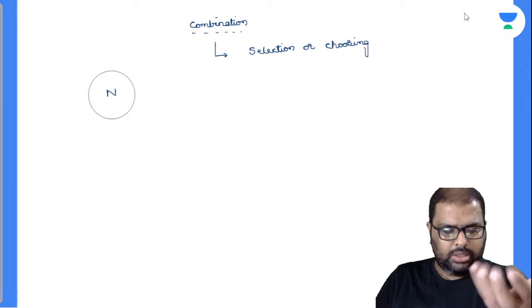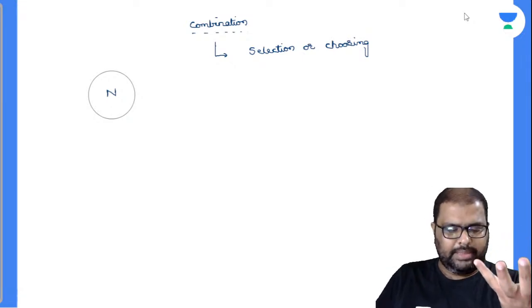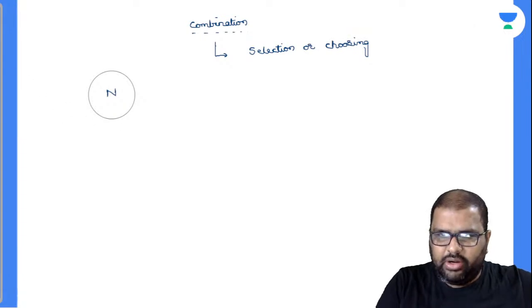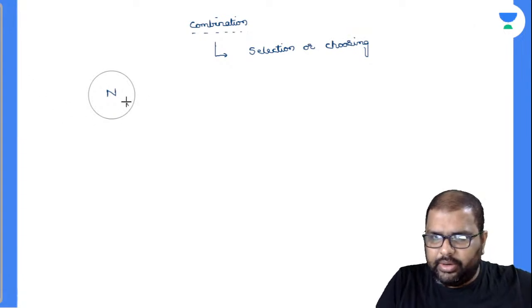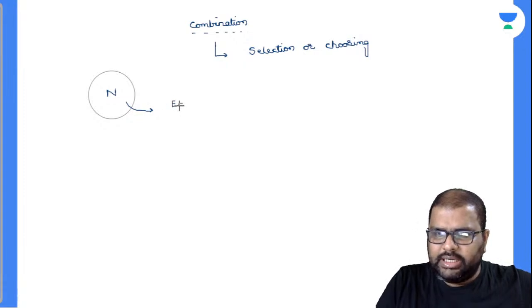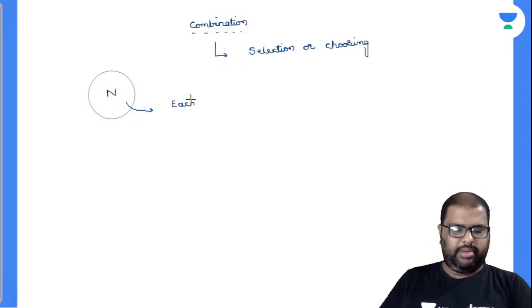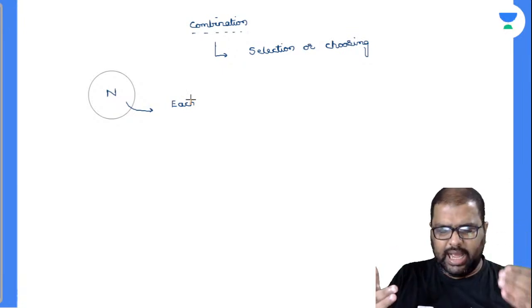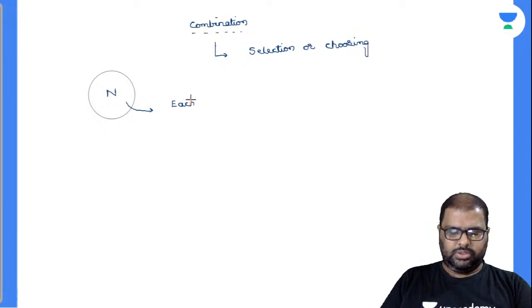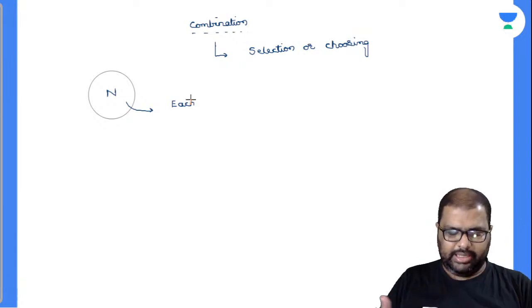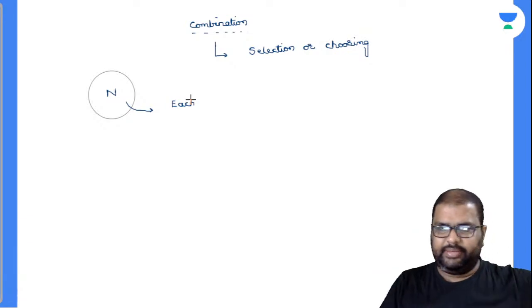You had a box, and in this box there are n different objects. Now see, n different objects means each and every object is distinct and different. This will not be given in the question each and every time. You have to consider it as naturally true. So I am not the same as Ajay, I am not the same as Mohit, I am not the same as Kishantu. We are distinct and different.